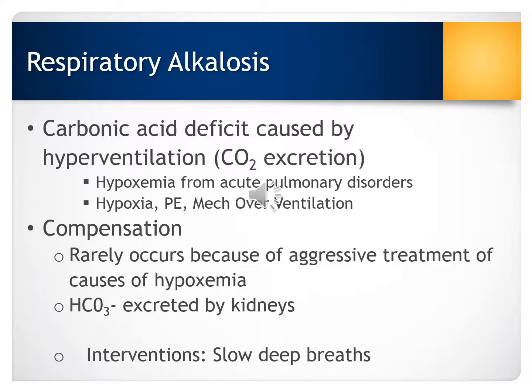Typically, compensation doesn't occur because the patient is hypoxic or hypoxemic, so aggressive treatment is occurring to reverse the effects of the hypoxia or hypoxemia. The patient doesn't have an opportunity to compensate. But while this is occurring, the kidneys will begin to excrete bicarbonate.